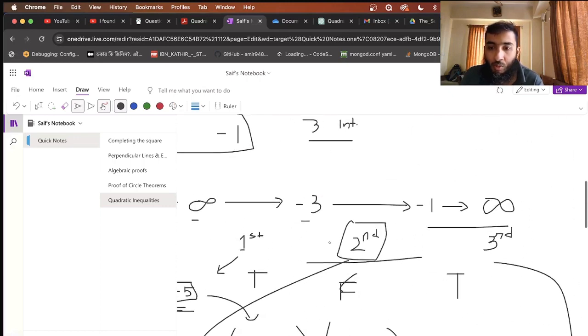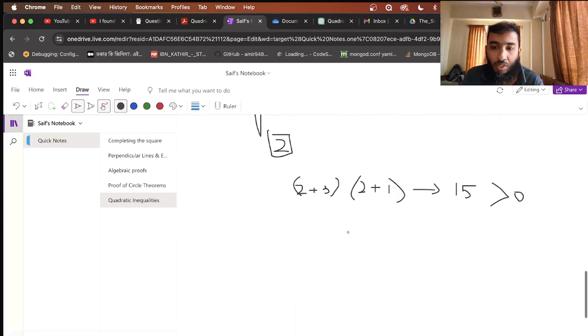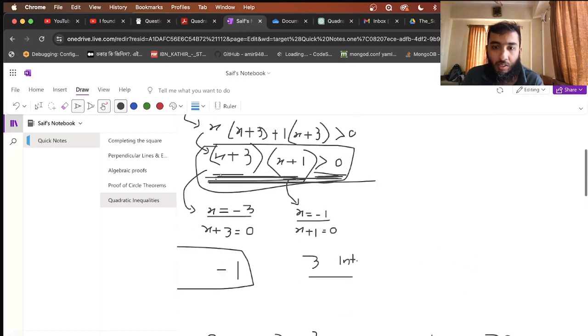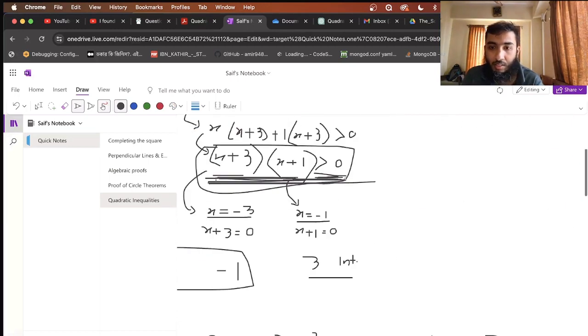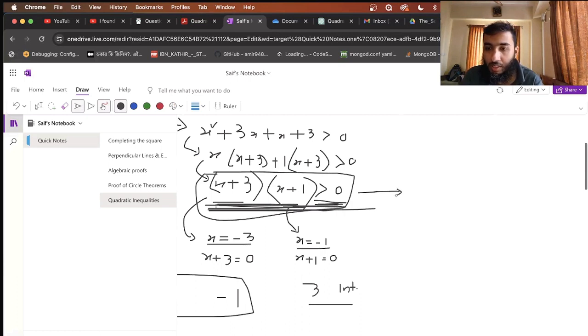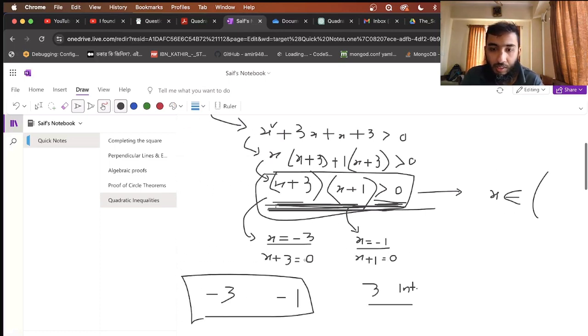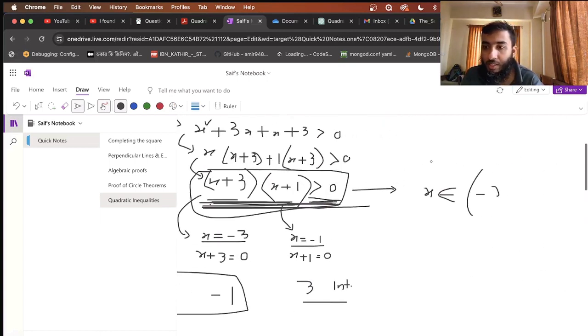So as we can see, only for the second interval we get a false condition, but for the first and third intervals we get true. So the solution of this quadratic inequality is x belongs to the first interval, minus infinity to minus 3.